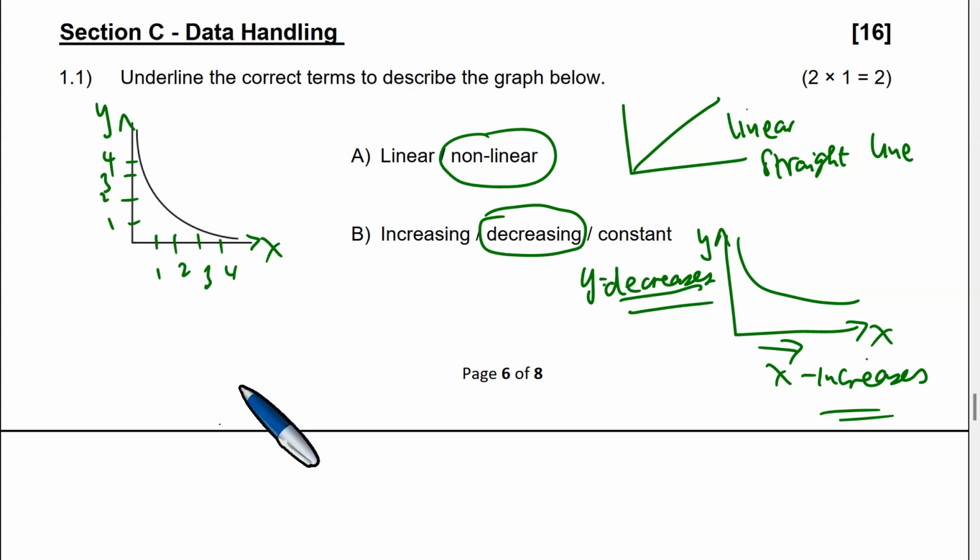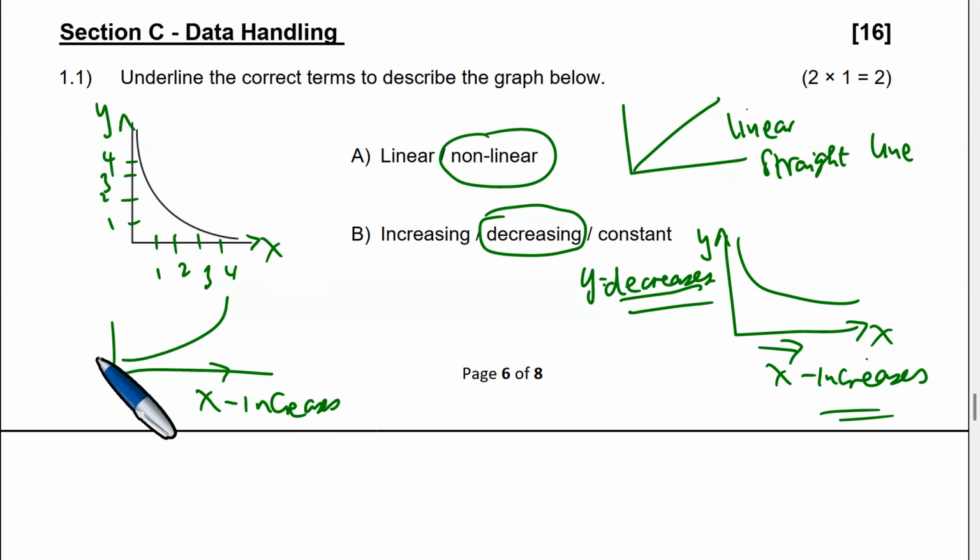But a graph like this would be what? When x increases, y also increases. Is it linear or non-linear, this one?